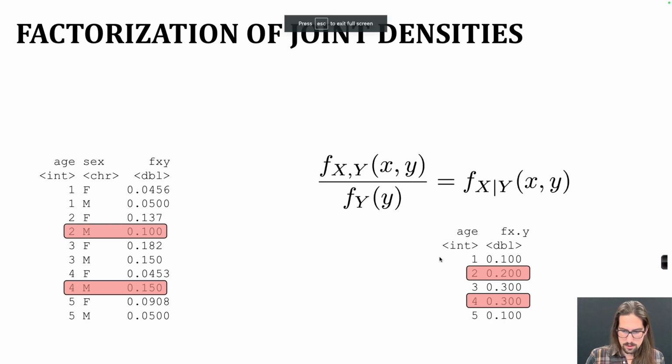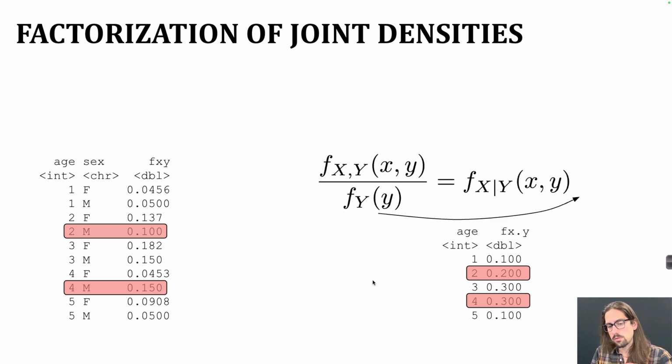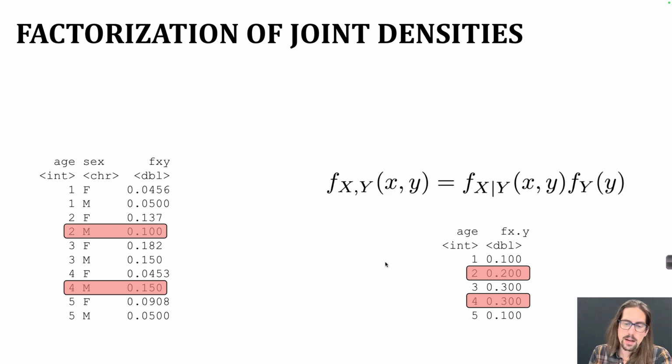But now what we can say is that we can construct this table from these two tables, and in fact, this is really just constructing it from this table, right? Because the marginal density also comes from the joint density. So it's really all coming from the joint density. But if this table is these two things put together in some way, then I can also just multiply on both sides by this number, and I get this.